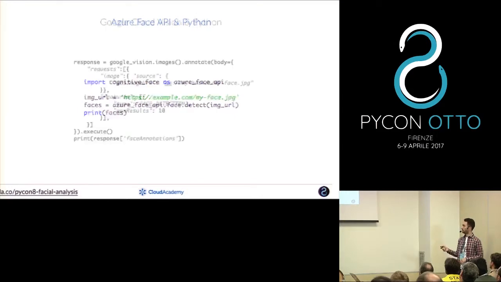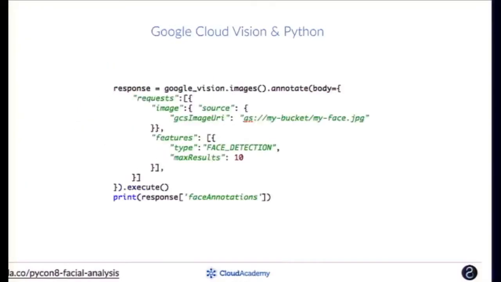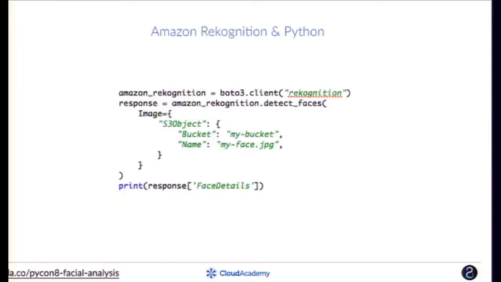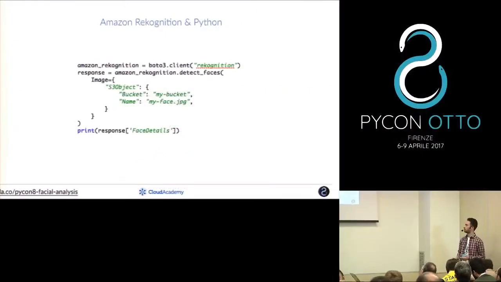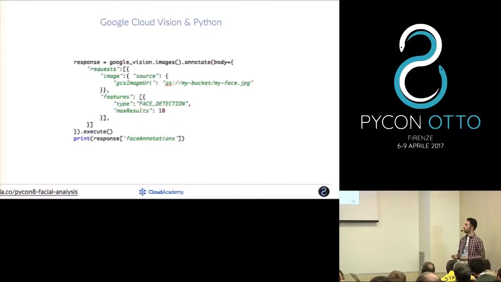I've played a little bit with the first two. They're very powerful. They do different things. Amazon is super cool because it's rotation invariant, and it's really fast. And now it gives you age and gender and all the information you would actually need for a real-world application. Google is really bad with emotions.